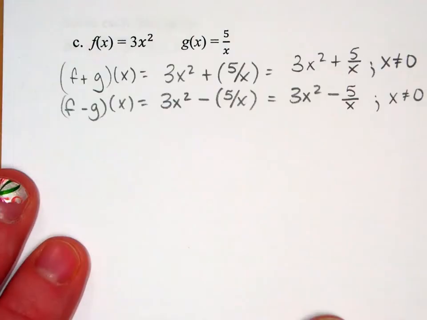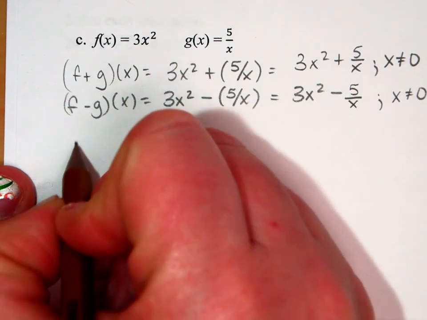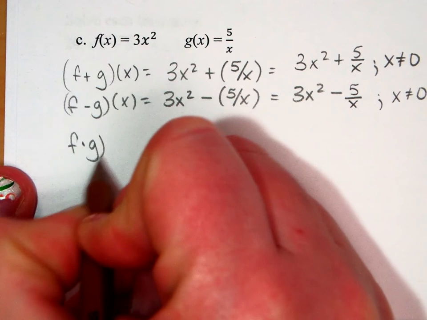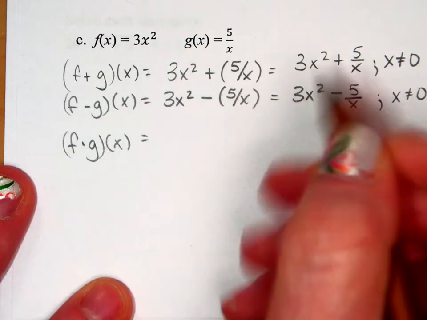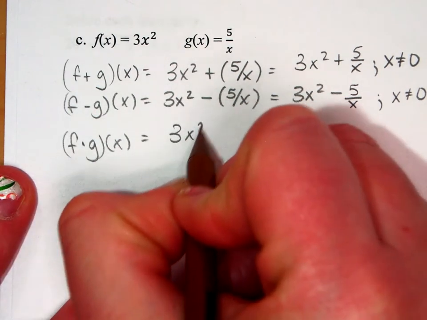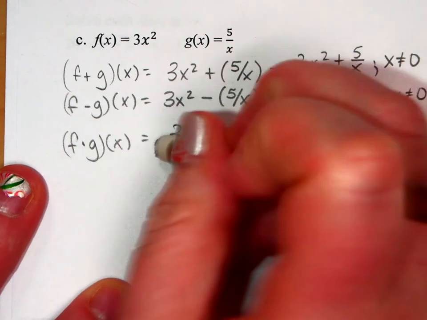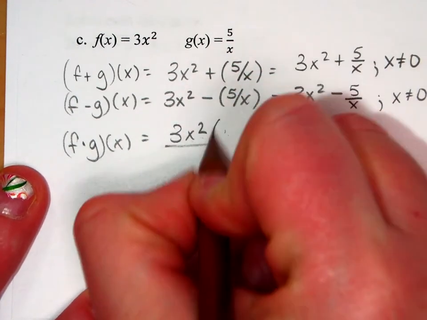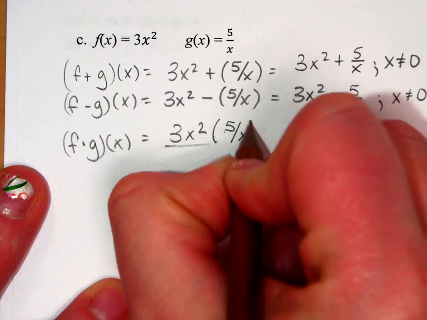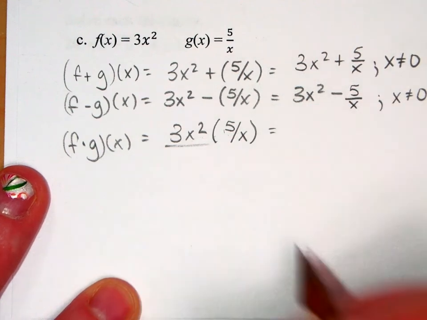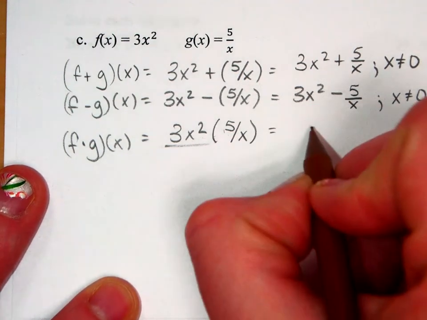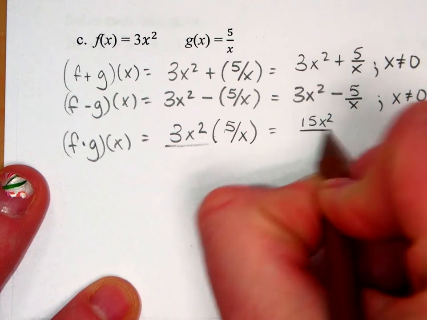Next one, multiplication. F times g of x equals 3x squared, oh, not division, try that again, times 5 over x. Multiply this out, you get 15x squared over x.